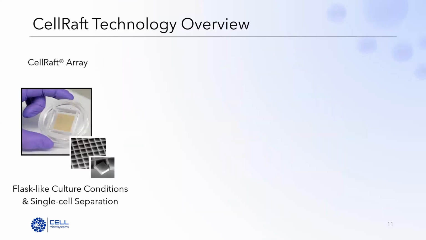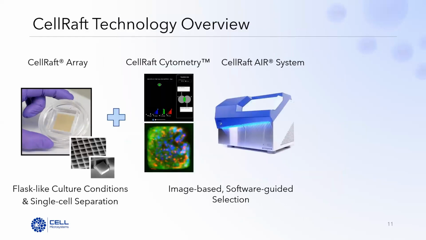The CellRaft array provides a flask-like culture environment for culturing cells while also providing that spatial segregation. We can then use our software and instrumentation tools of the CellRaft technology to identify our cells or organoids of interest.